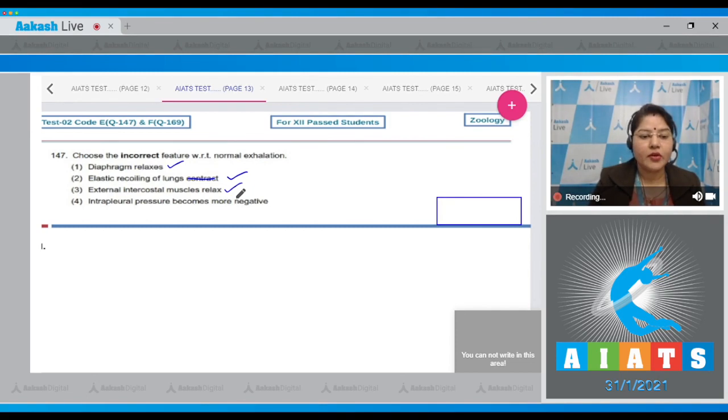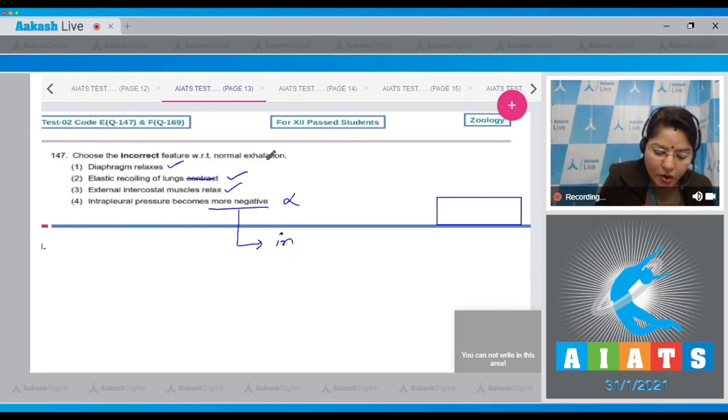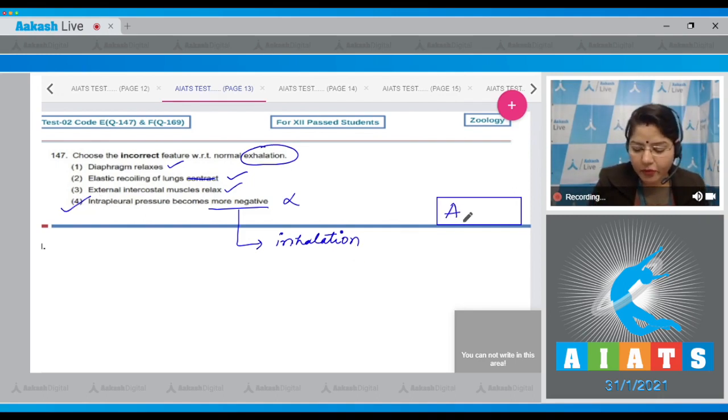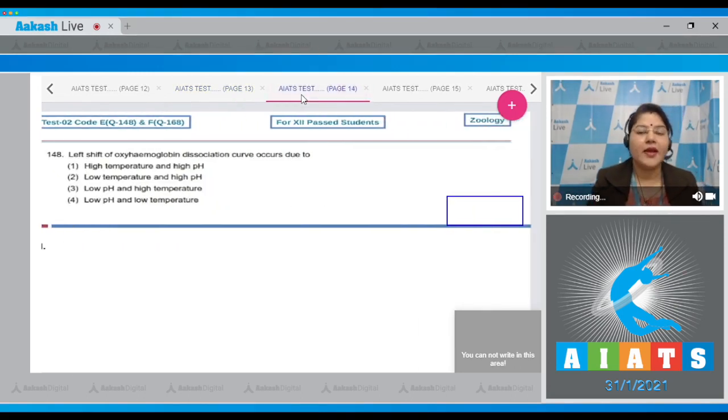Fourth option, intrapleural pressure becomes more negative. This is incorrect. Intrapleural pressure becomes more negative during inhalation, not exhalation. So correct answer to this question is option number 4. Let's proceed to the next question.